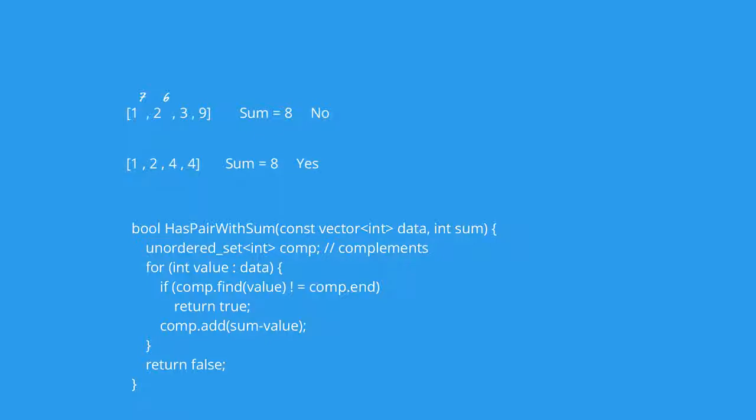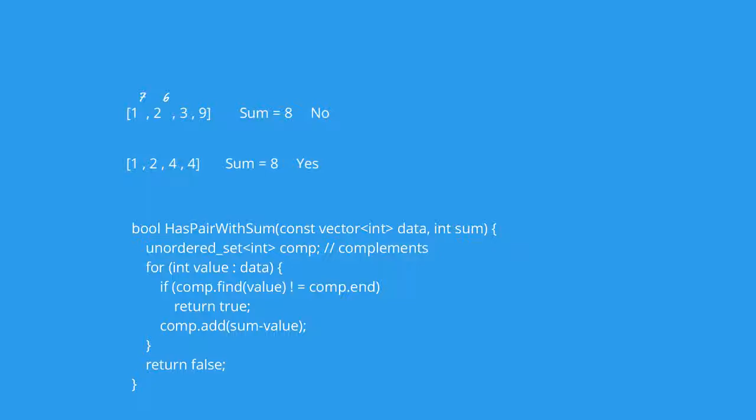So I do a for my int value for each of the values in the data. I am going to first check and then insert. So I check if I have seen the complement first.